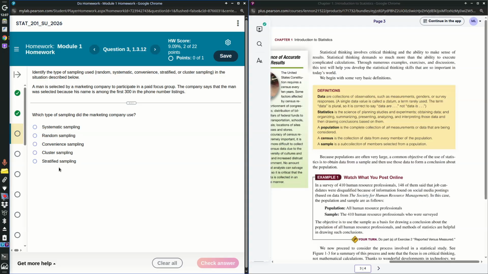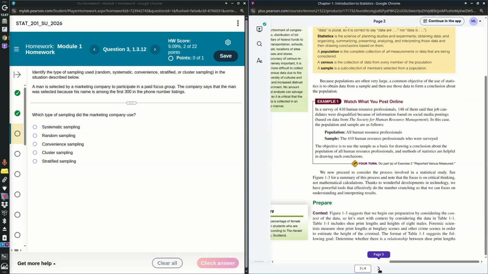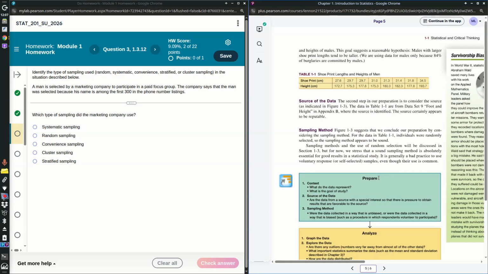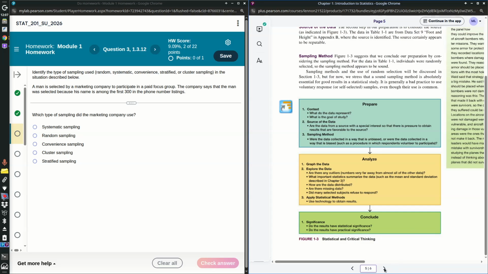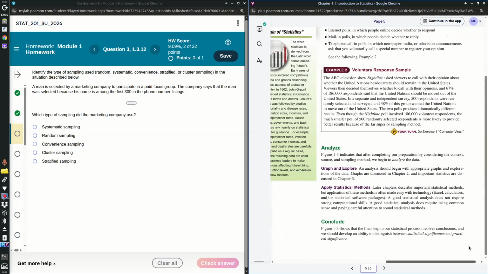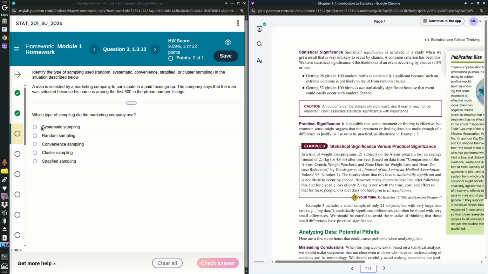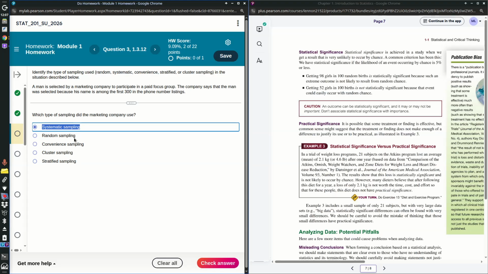Okay, all these are different kinds of sampling, and we have the definitions of those somewhere in section 1.1. So let's see if we can find that to help us. A lot of them you can. Systematic is just like a rule that you create that samples maybe like one every 10th survey received, something like that.